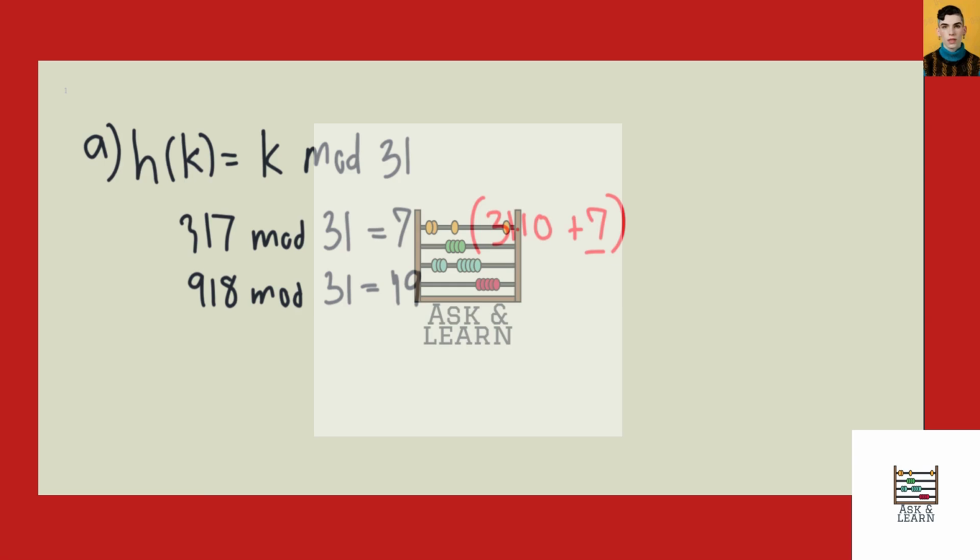Okay, and then of course we have a nice easy one here. So 007 mod 31 is going to have a remainder of 7. Right, so we can already see the problem here. We already have two cars headed to the same place.